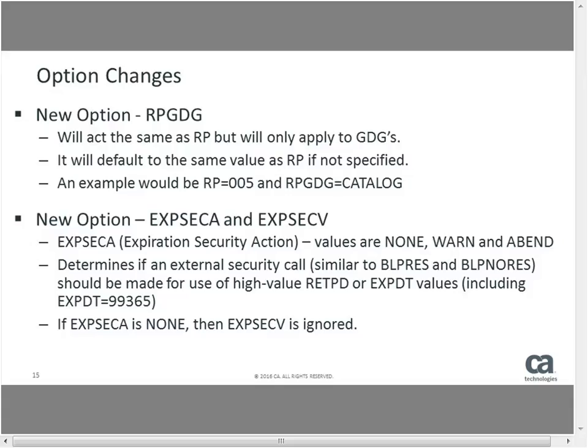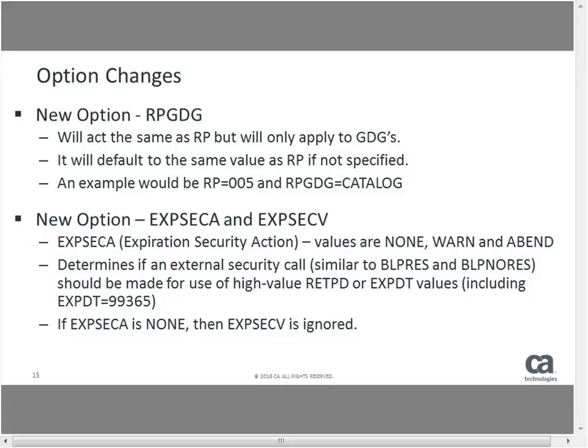So if you specify an EXP Sec V of 3,650, whenever you create a tape and the JCL has a retention period or an expiration date more than 10 years into the future, we will do a security check to make sure you're authorized to do that.